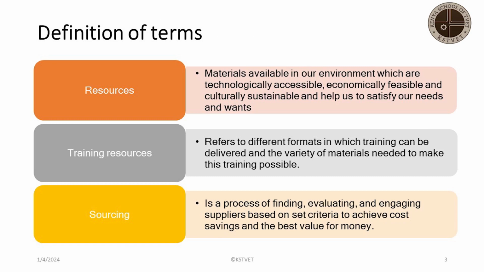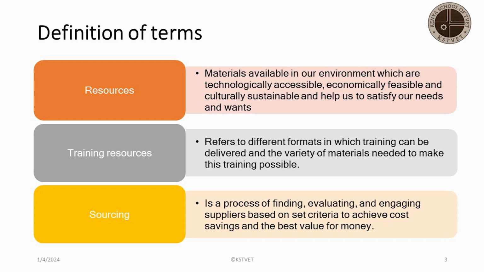Let us now look at the correct definition of the terms. Resources refers to all the materials that are available in an environment which are technologically accessible, economically feasible, and culturally sustainable, and help us to satisfy our needs and wants.